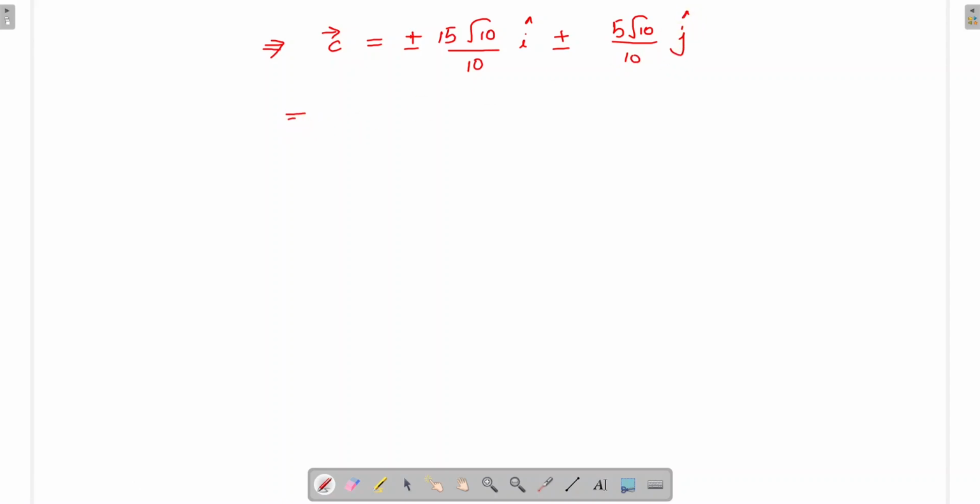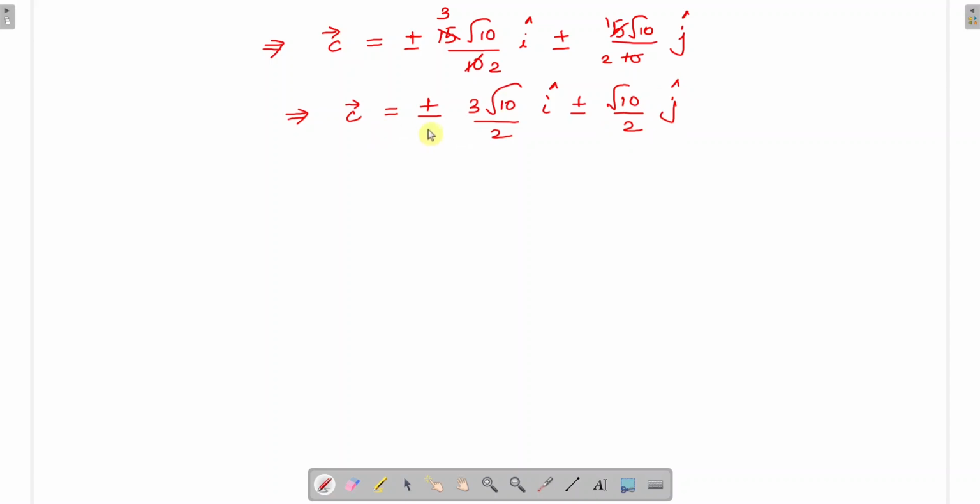So this implies c bar is equal to plus or minus, 5 3s are 15, 5 2s are 10, so 3 root 10 by 2 i cap plus or minus, 5 1s are 5, 5 2s are 10, so root 10 by 2 j cap.